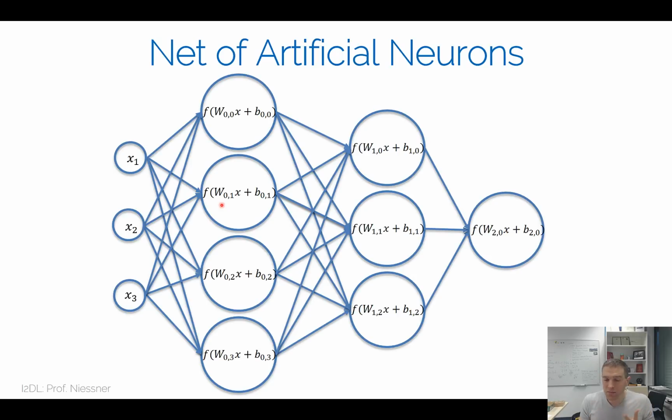And then within one neuron, you also have several weights. A neuron is not just a scalar; a neuron essentially does a dot product. The dot product means it takes all of these features as input, so 1, 2, 3.